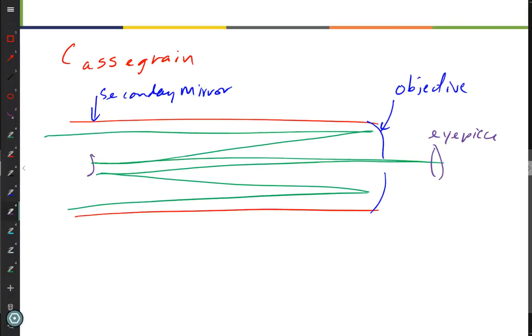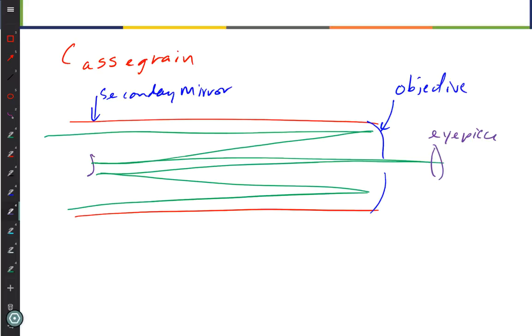Now, if you look at this, the optical path is twice the length of the telescope because the optical path starts, what location does the optical path start here? Where's the light start getting focused? At the objective mirror that's on the right-hand side. Then it comes out to that secondary mirror, reflects back. It's still being focused.